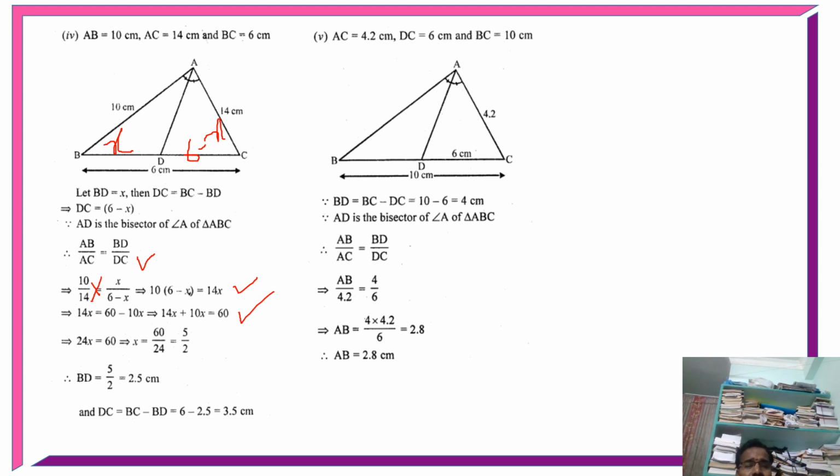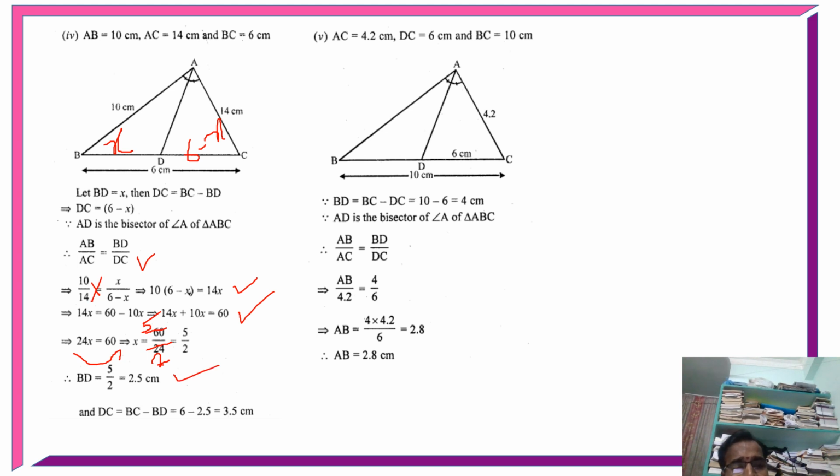Write all X terms on one side and the constant on the other side. The minus changes into plus: 14X plus 10X equals 60. 14X plus 10X, how much? 24X equals 60. X equals 60 by 24; if we transpose to the other side of the equality it becomes division. Simplifying to the lowest terms, we get 5 by 2.